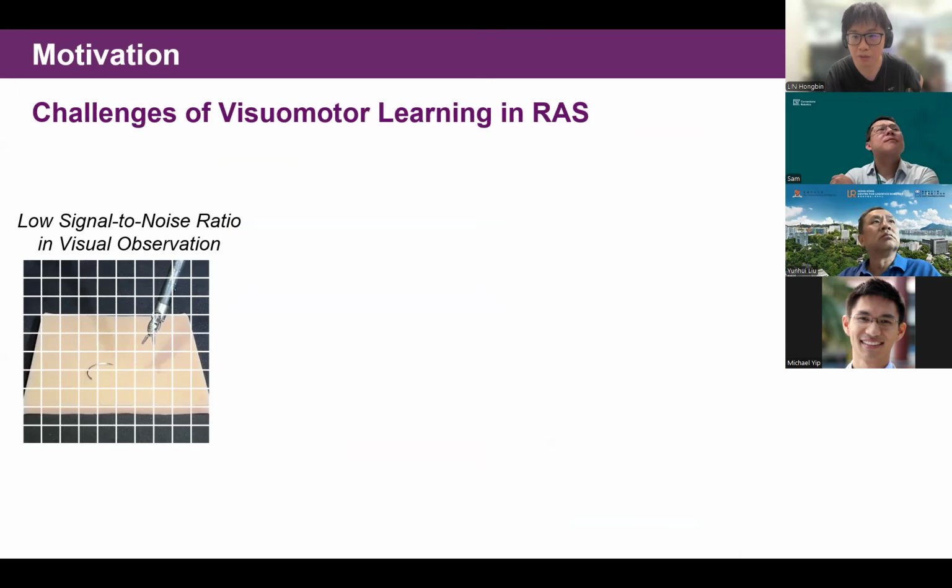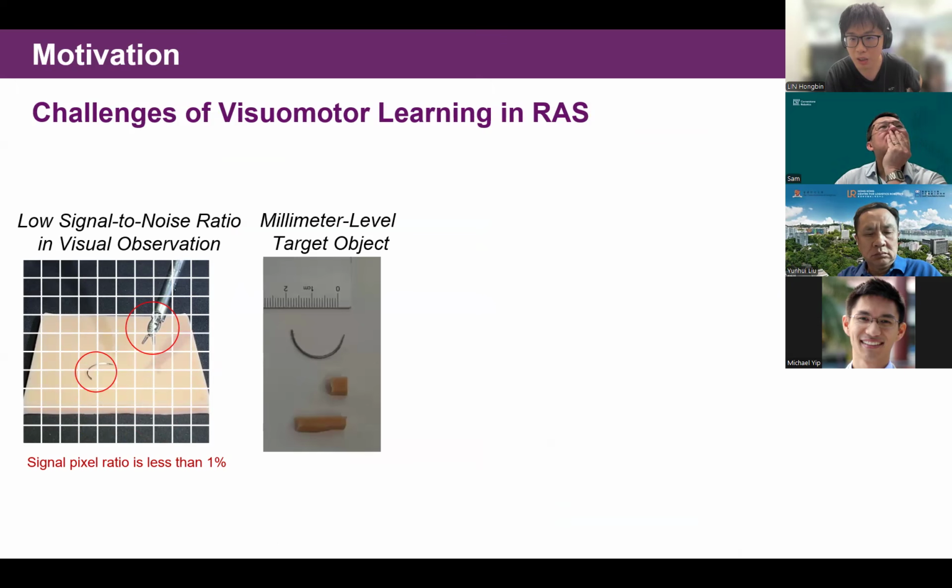Despite the success of visuomotor learning in general robotic grasping, applying it to robot-assisted surgery faces domain-specific challenges. First, in the typical robot-assisted camera setting, the task-related pixels in the observed image are relatively scarce, with the ratio of the task object being less than 1%. Such a low signal-to-noise ratio poses a significant challenge for training.